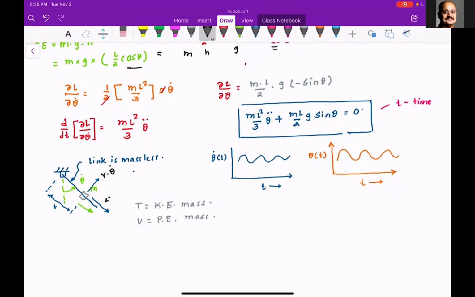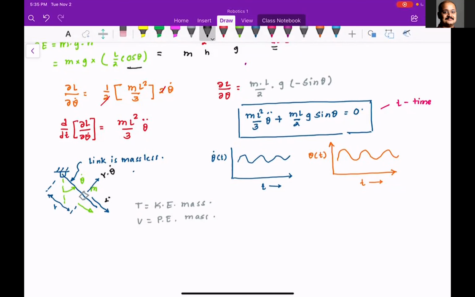And I want to give you a simple example. So imagine I have a pendulum, and then if I start rotating this mouse, and if I let this string go, the wire go, then what will happen? This mass is going to have a velocity in the radial direction, and the mass will have a velocity in a circumferential direction.